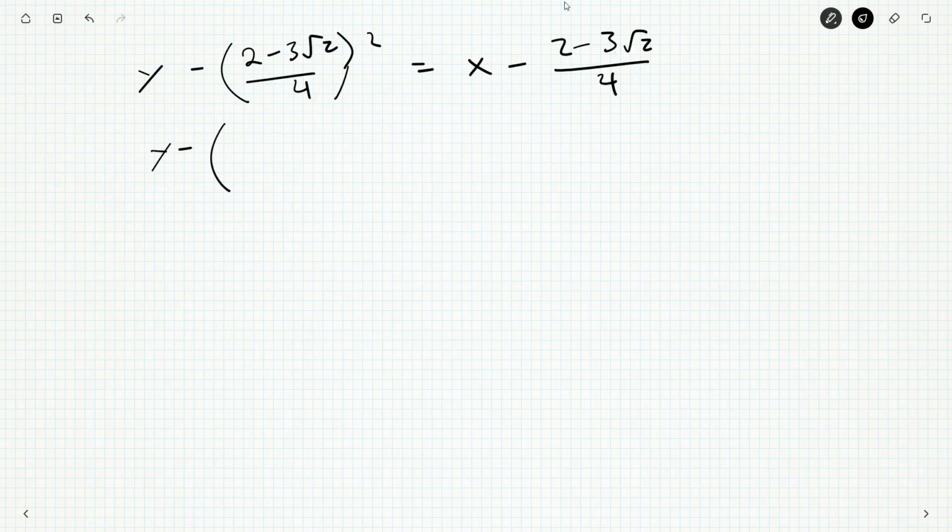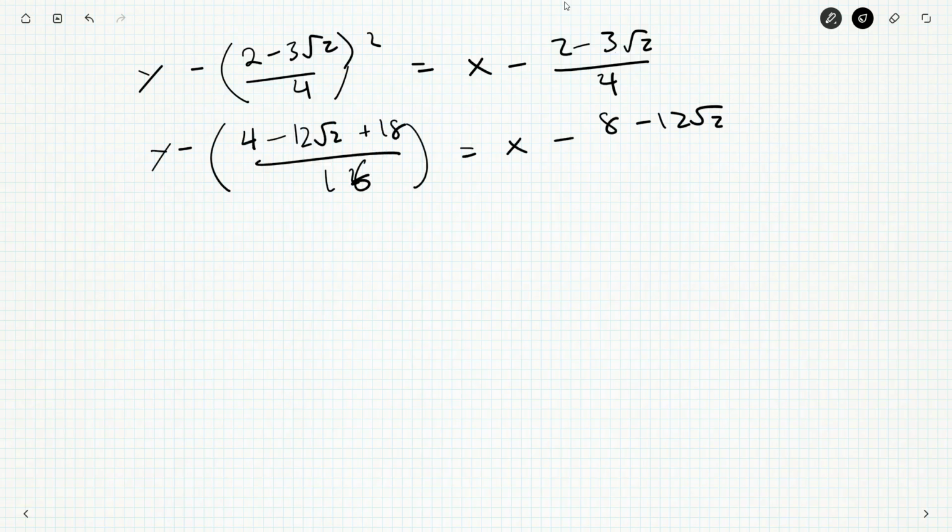So y minus 4 minus 3 times 2 times another 2 is 12, so minus 12 root 2 plus 3 root 2, so that's 18 all over 16, equal to x minus 8 minus 12 root 2 all over 16.